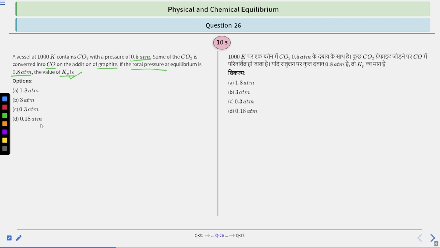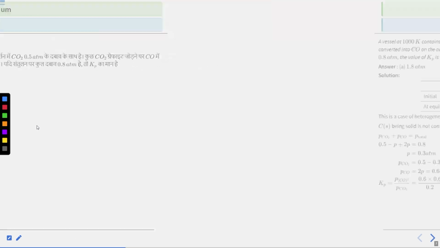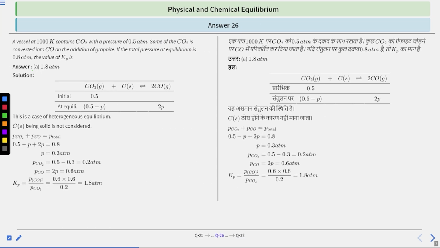You have 10 seconds to solve this question. After that, we will see the answer. Okay, so the correct answer is option A, that is 1.8 atmosphere.